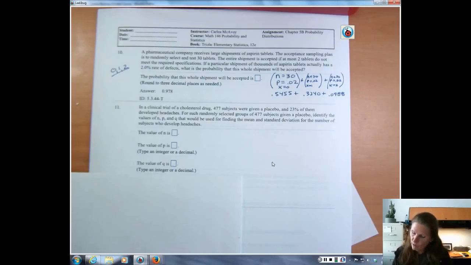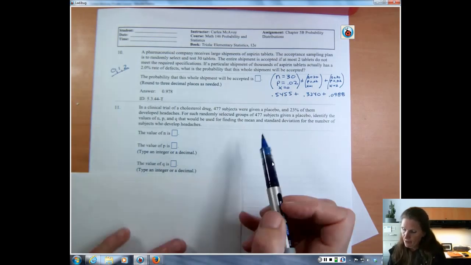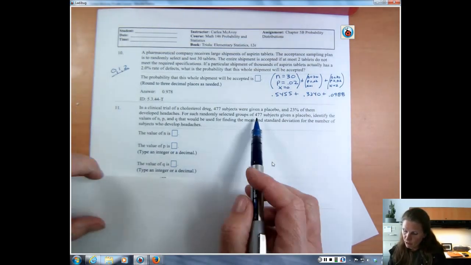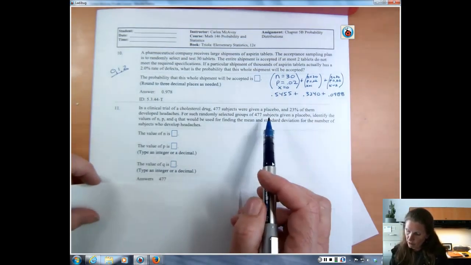For such randomly selected groups of 477 subjects given a placebo, identify the values of N, P, and Q that would be used for finding the mean and the standard deviation for the number of subjects who develop headaches. The N is the number of subjects. So N is your people that are in your study, so that's 477.